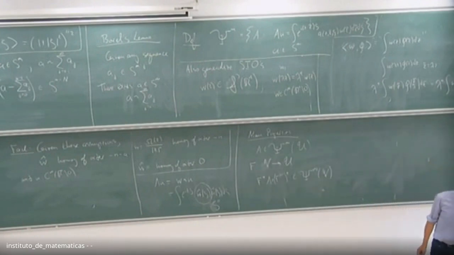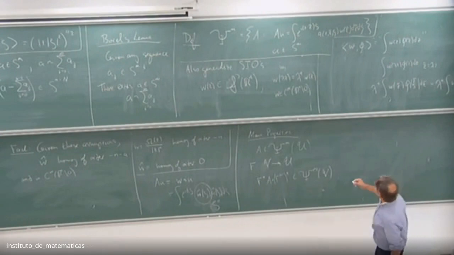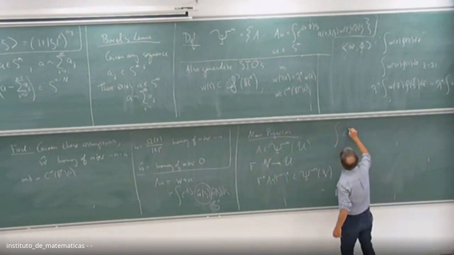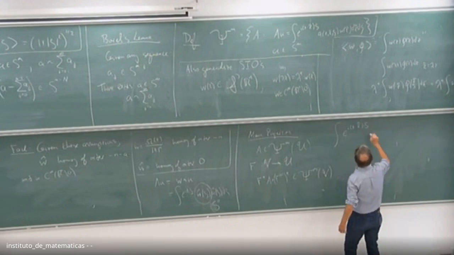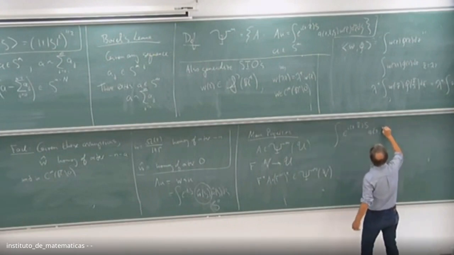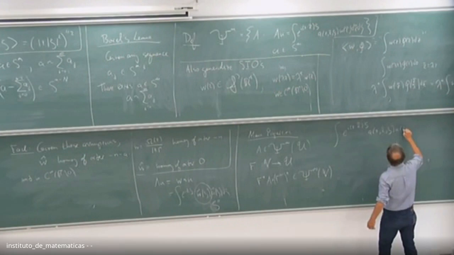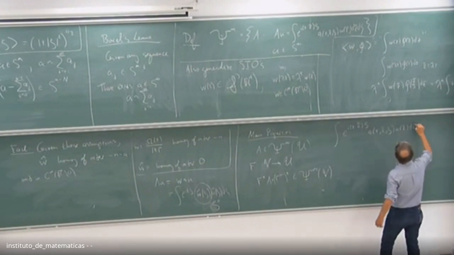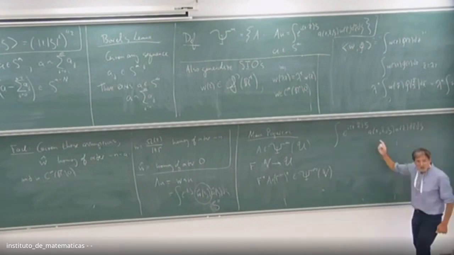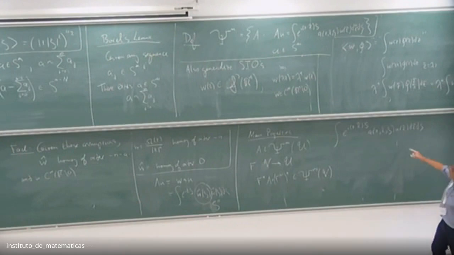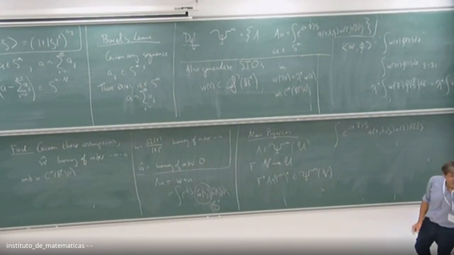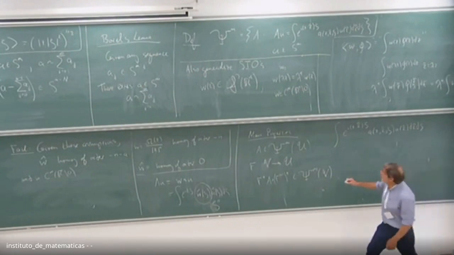Now, why is this non-obvious? Remember this definition: e to the i (z minus z tilde) dot zeta, a of z tilde and zeta, u of z tilde, d z tilde d zeta. Capital F is a diffeo, I'm sorry.